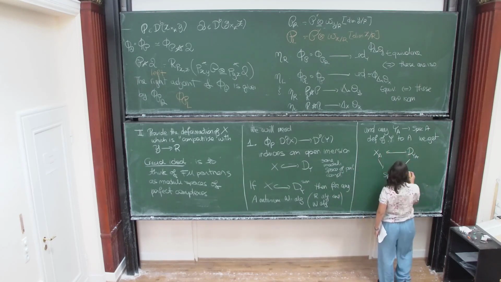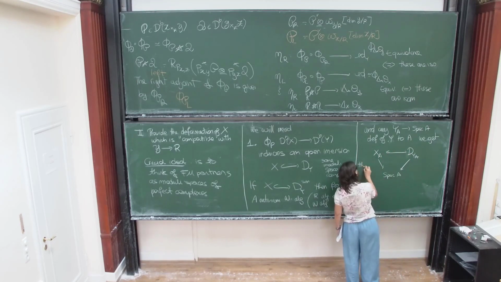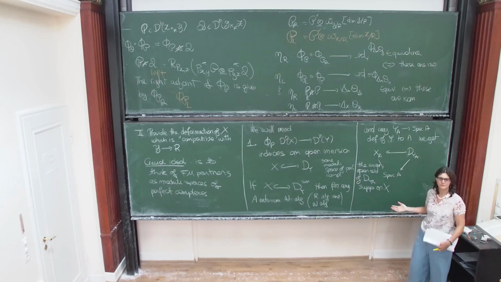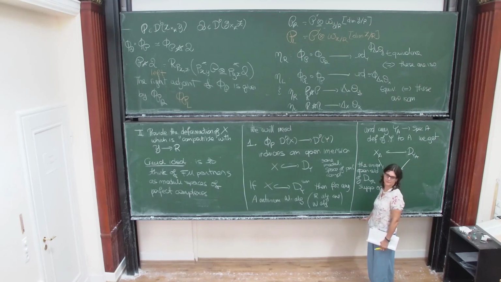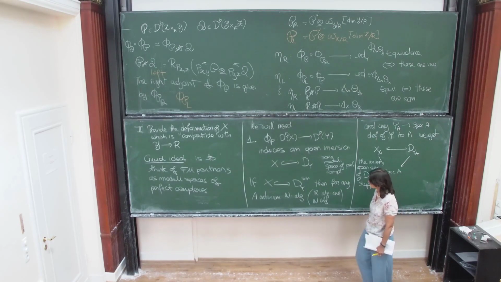This is the unique open subscheme of DY_A supported on X. Can I ask about the first condition? X is smooth projective, right? So when it embeds as an open somewhere else, it will fail to be an isomorphism somewhere, like non-separated. Yes, it's so.